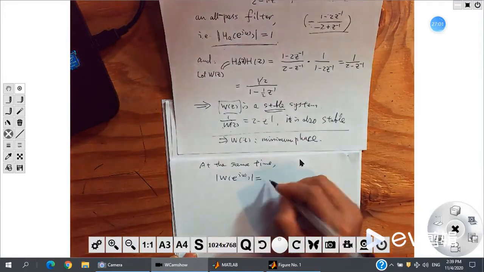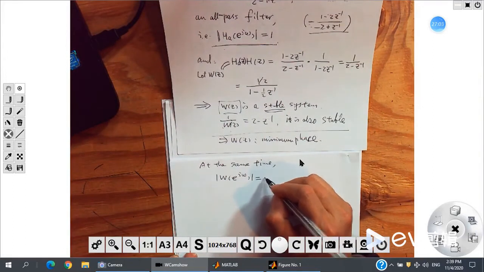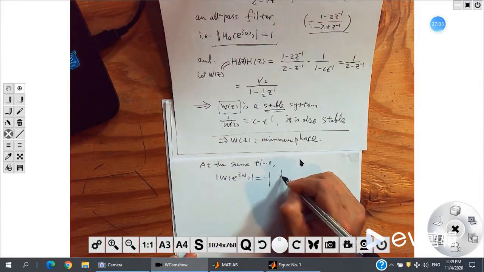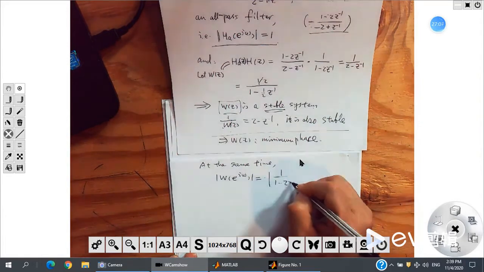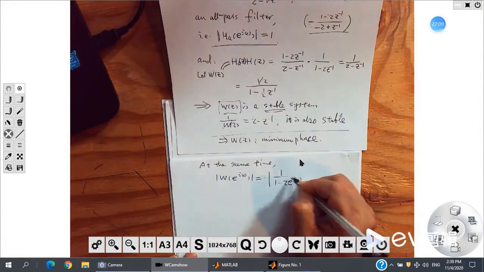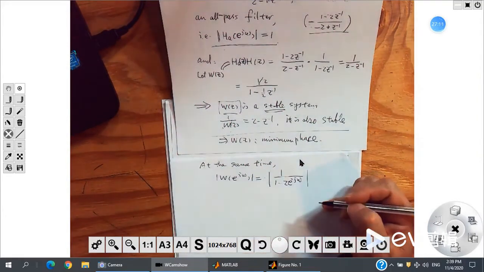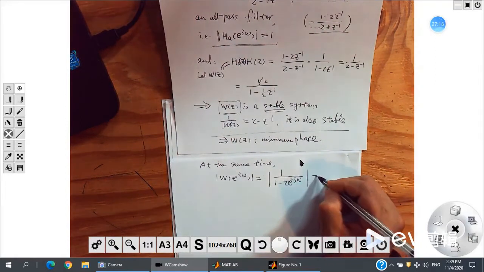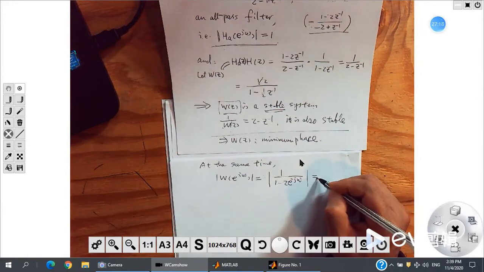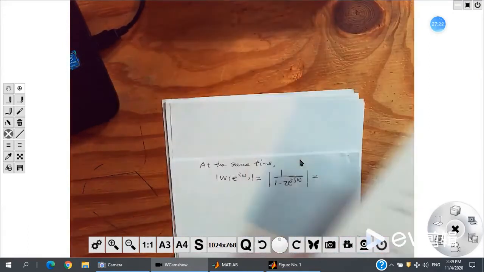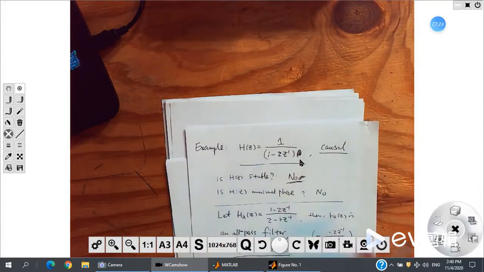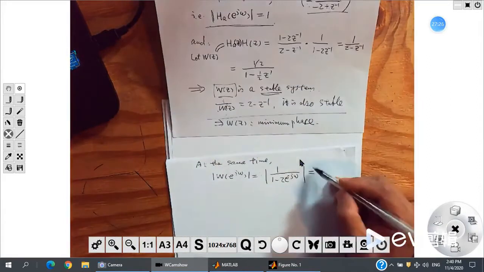So this will be 1 times the magnitude of 1 over 1 minus 2e to the negative j omega. Now we have this. This is just H, right? H is given. Yeah, just H.